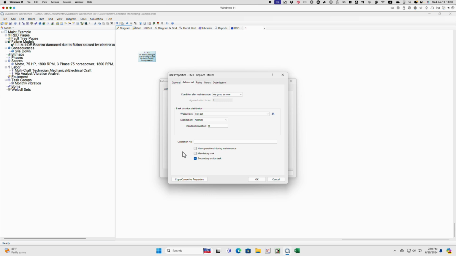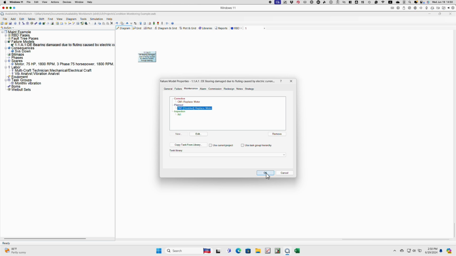And the reason we'll say that is because typically we won't suffer specific downtime for doing that PM. It'll be put in with other work that we plan on doing, either as opportunity maintenance, or it will be put in with other work we're going to do on a scheduled maintenance. So we can say that it's not really not operational, it's just that we're going to do the work. So let's see what impact that has on the system.